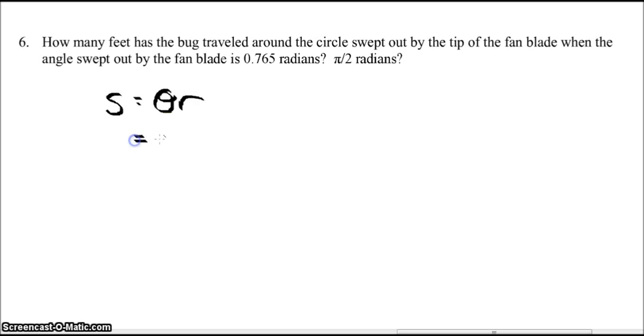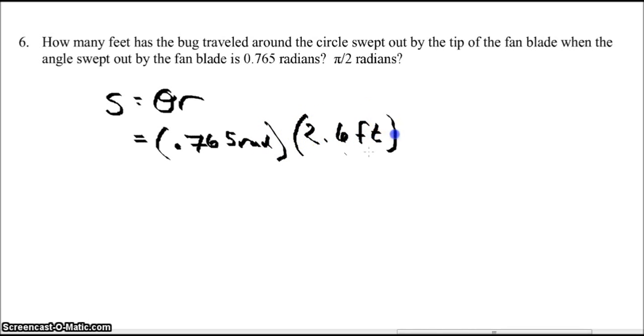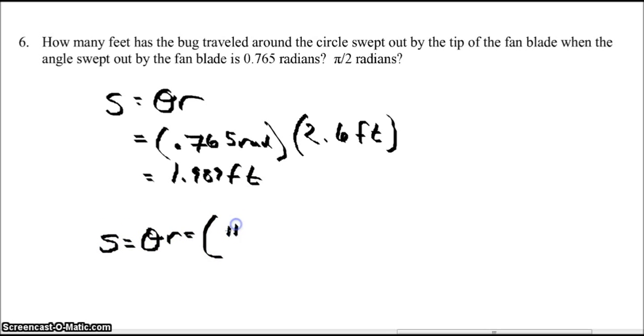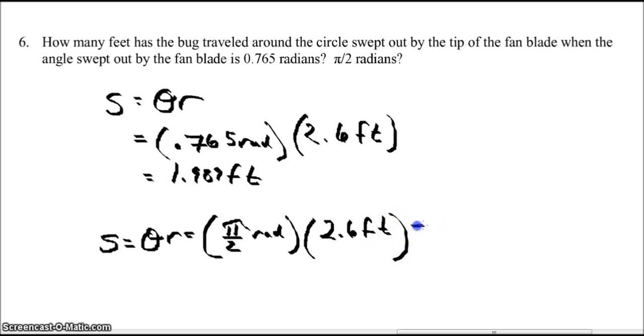So using s equals theta r, we can just substitute 0.765 radians and our radius of 2.6 feet. We get 1.989 feet. We can do the same thing with the second calculation, just pi over 2 radians. The radius r is 2.6 feet. Multiplying those together gives us 4.084 feet.